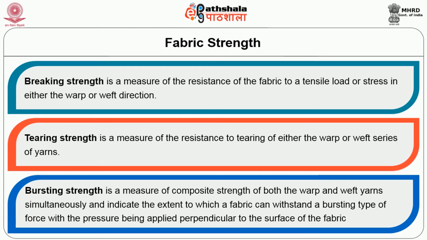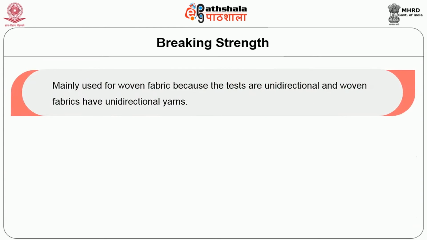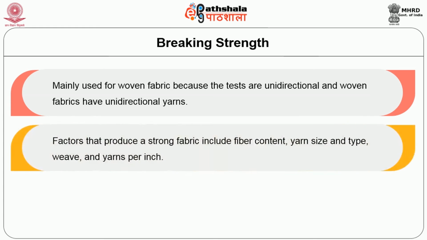Breaking strength is mainly used for woven fabric because the tests are unidirectional and woven fabrics have unidirectional yarns. Factors that produce a strong fabric include fiber content, yarn size, yarn type, weave type, and yarns per inch.